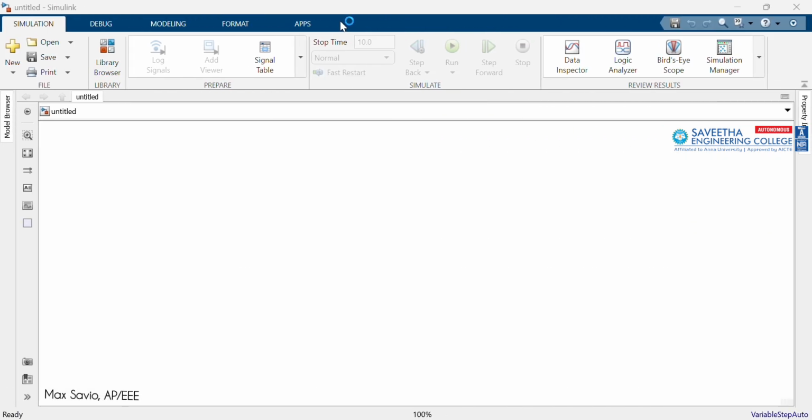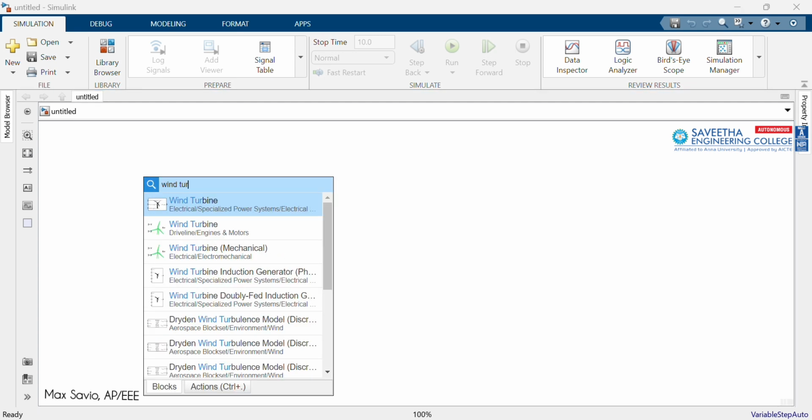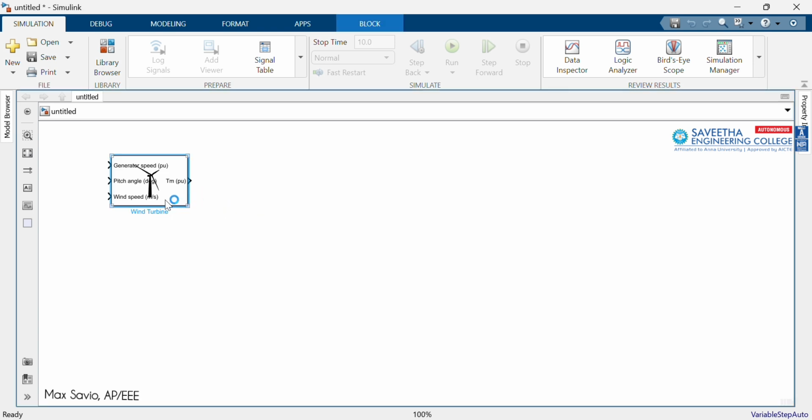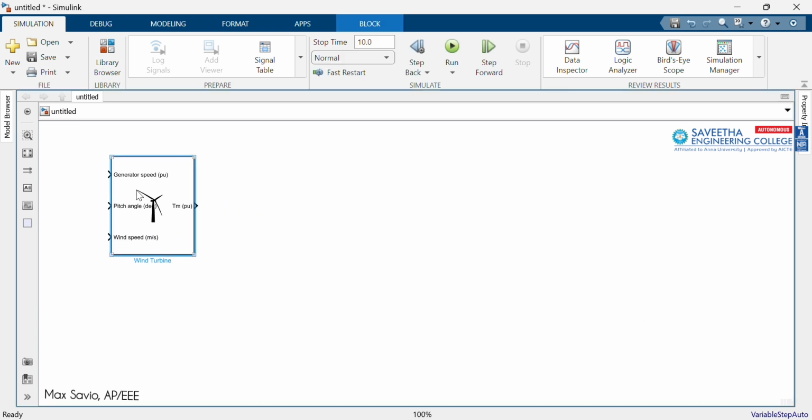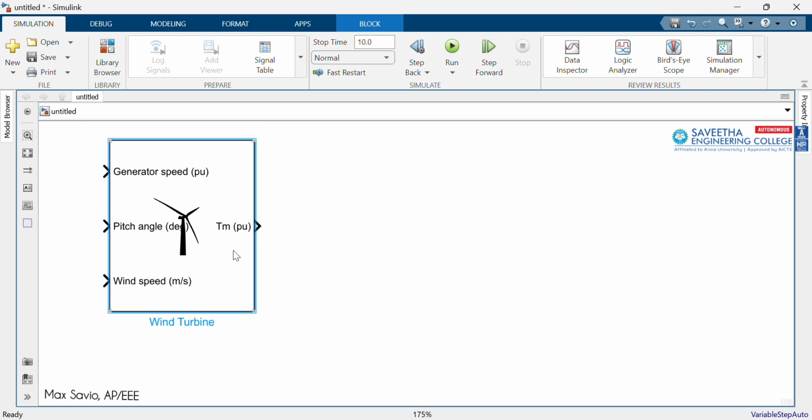So let us open a new Simulink model where we need the wind turbine. I'll take it as wind turbine. So this is the wind turbine. You could see the generator speed, pitch angle, and the wind speed as the input, and we get the output from the wind turbine as a torque.